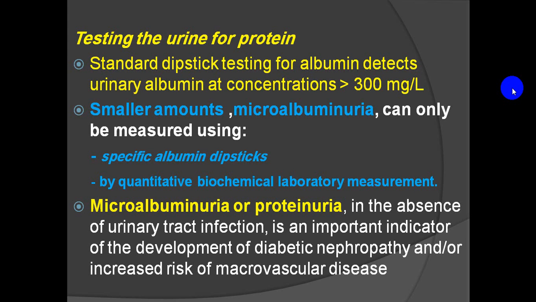And why do we test for protein in urine in a diabetic person? This is important because it may indicate the development of diabetic nephropathy and/or increased risk of macrovascular disease.